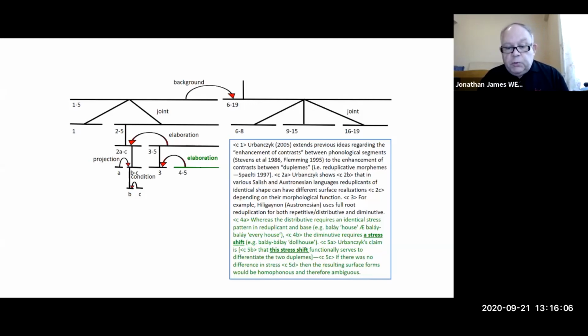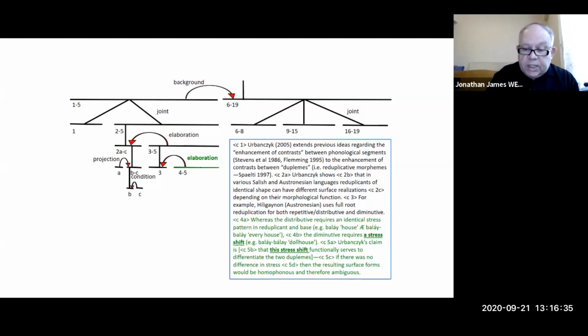It uses full root reduplication for repetitive, distributive, and diminutive. Now you notice in 3, it mentions repetitive, distributive, diminutive. A more general statement about reduplication. And then it goes on in 4 and 5 to explain the difference, all right?